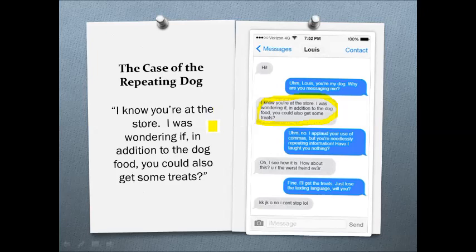So take a look. He says, in addition to the dog food, you could also get some treats. In addition and also both mean also. So that is needlessly repeated information. You're saying two things that mean kind of the same thing. So it's needlessly repeated.